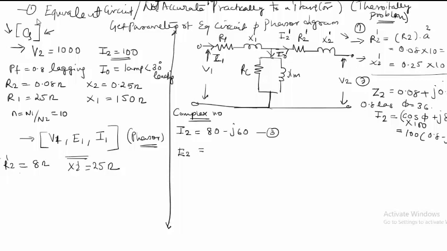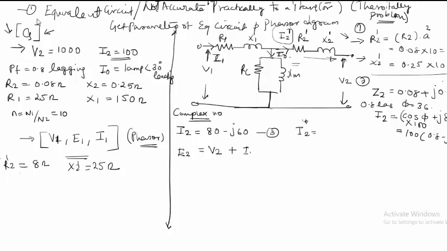then it is possible to get E2 as equal to my V2 plus whatever is my current here. So my I2 dash, or whatever is my I2 dash, that is my load current here, that is equal to I2.